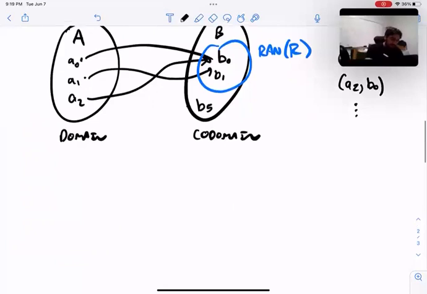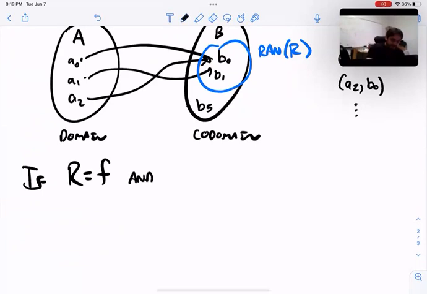Often we try to use a different notation, the notation that you're very familiar with in pre-calculus or college algebra. So if you call F the relation, instead of calling it R for relation, call it F for function.